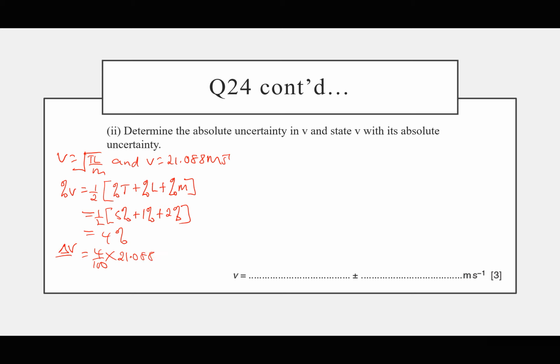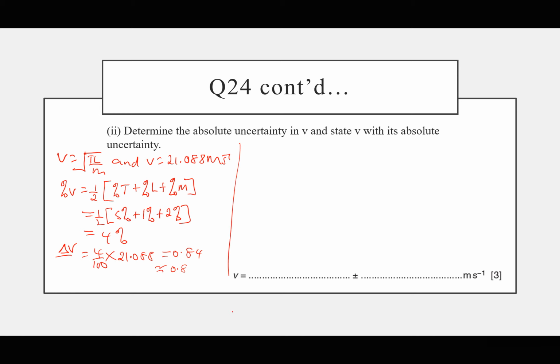21.088. Let's press the calculator very fast. Answer times 4 divided by 100. So this is giving us 0.84. But to one significant figure this is 0.8, and that is one decimal place.